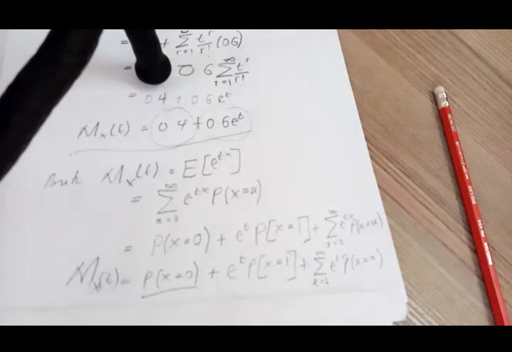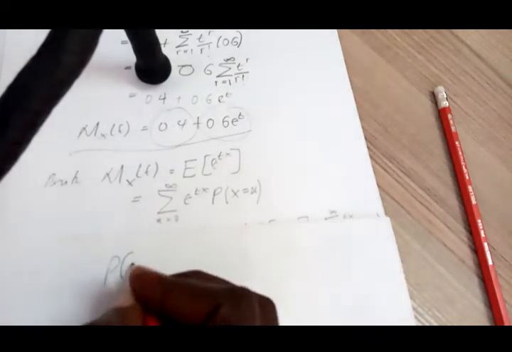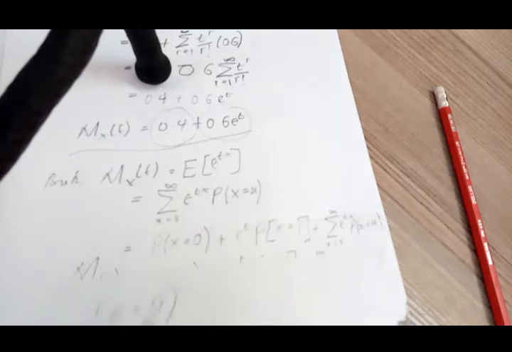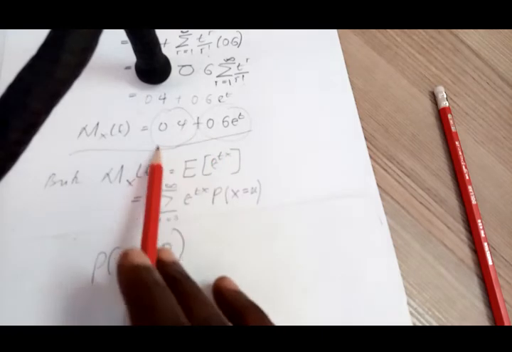The implications are going to be like this one. Now I will write the probability of X equal to 0, which is basically this value here, should be equal to this first part here.